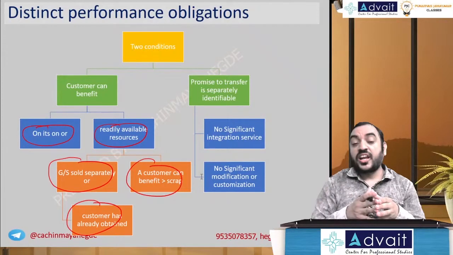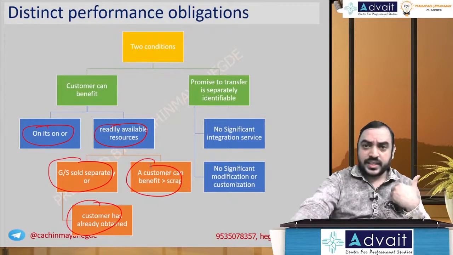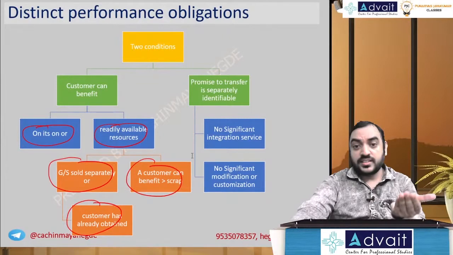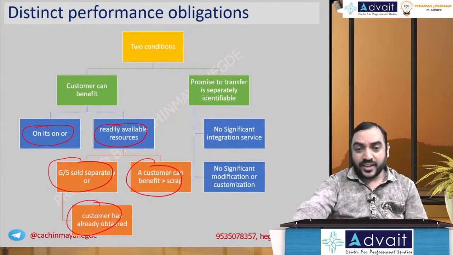Which means I think it satisfies the condition of distinct goods and services, because the customer can benefit on its own and the customer has already obtained it. He can obtain from some other services also. So I think internet service is one performance obligation, router and modem, these three I would like to say, three performance obligations.